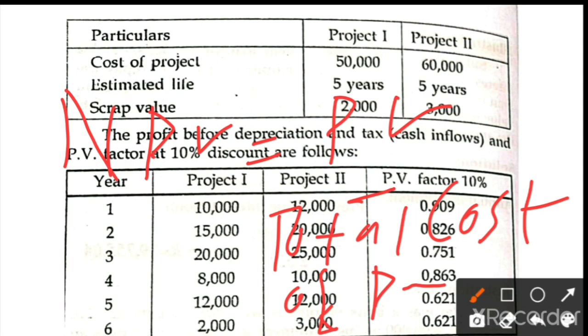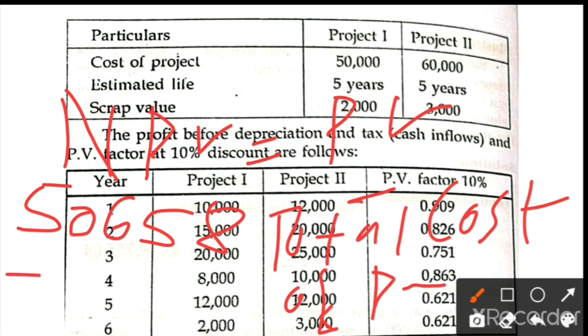So what is the present value? Already we have it. How much is the PV? 50,658 minus the cost of project 1, which is 50,000.